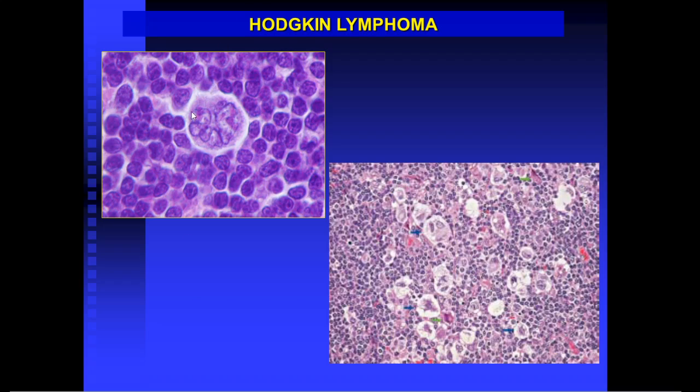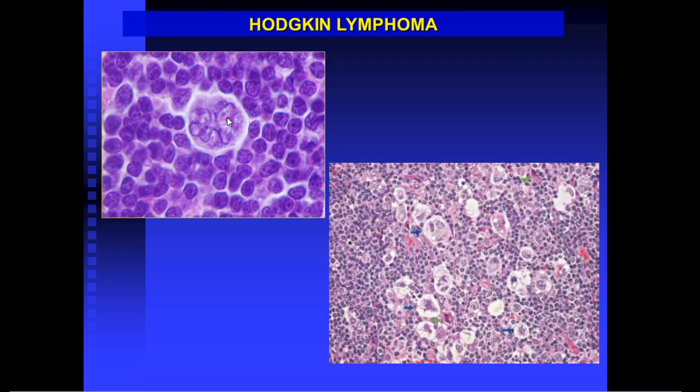This cell is the so-called popcorn cell. Why popcorn? Because you see a lot of nuclei with nucleoli as well, but a lot of nuclei. Again, if you turn on your imagination, probably it looks like popcorn. Anyway, the Reed-Sternberg cell has just two nuclei with two nucleoli.